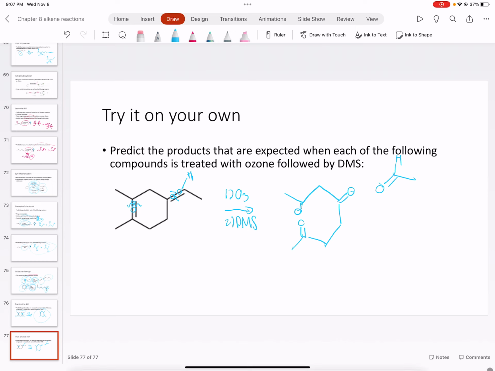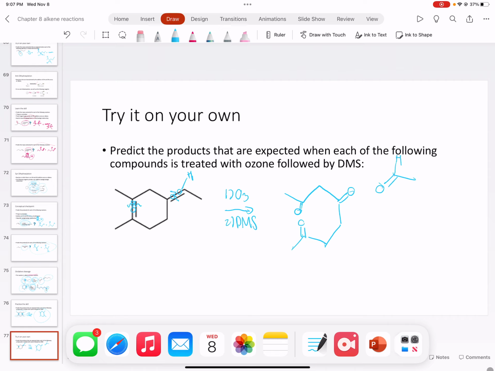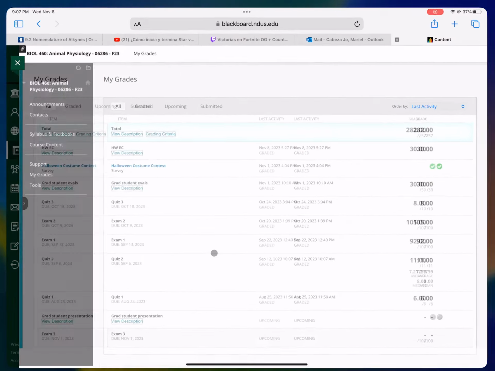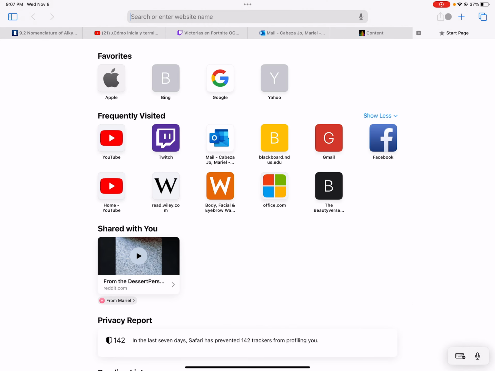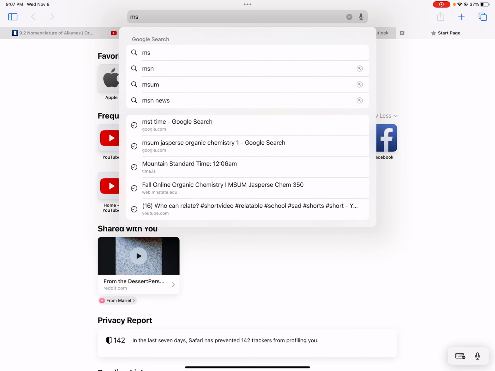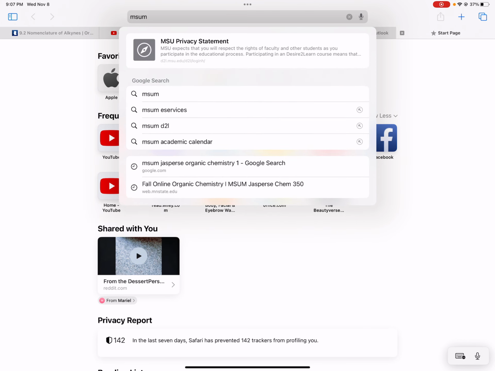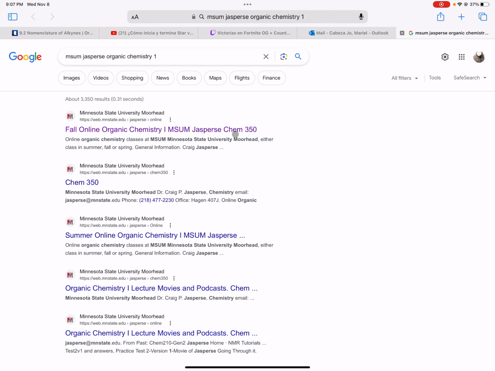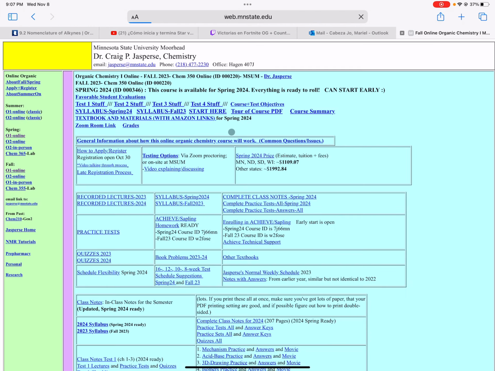And if you actually want, some people do want extra practice problems. I cannot recommend this teacher enough. So if you do MSUM, and then you do Jasper's organic chemistry, and then you do fall online.